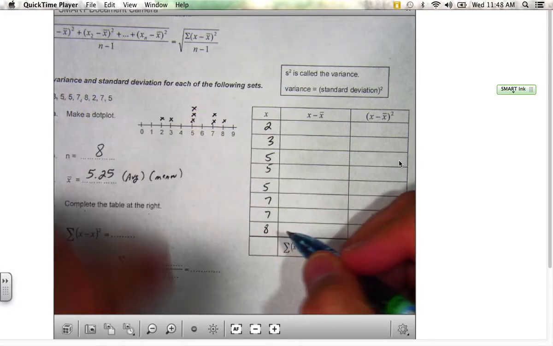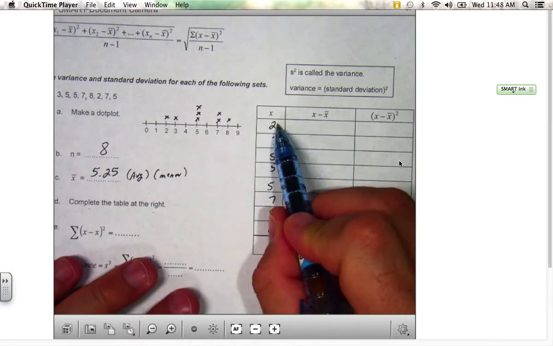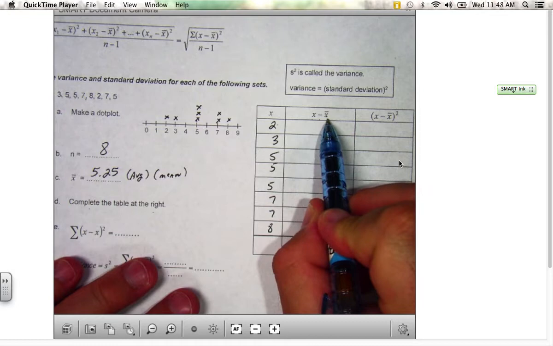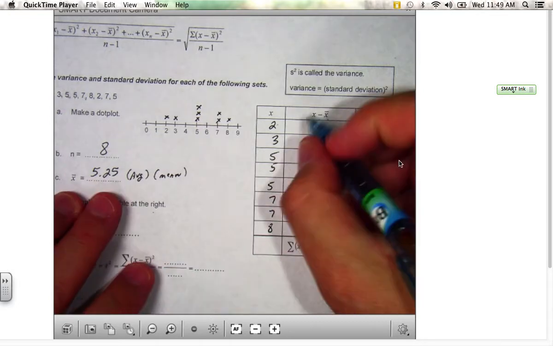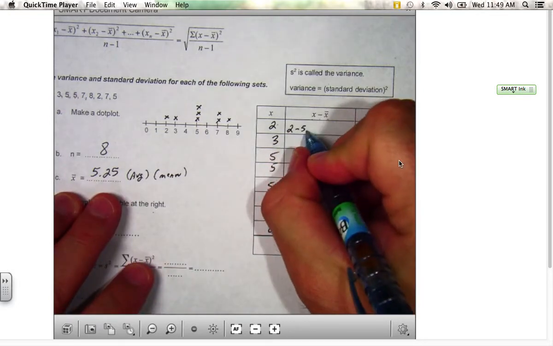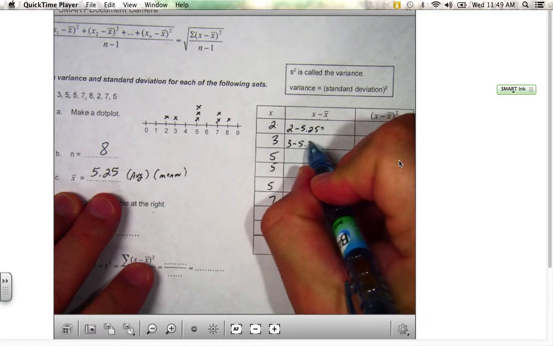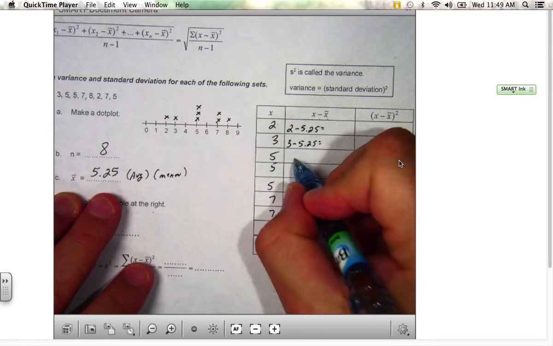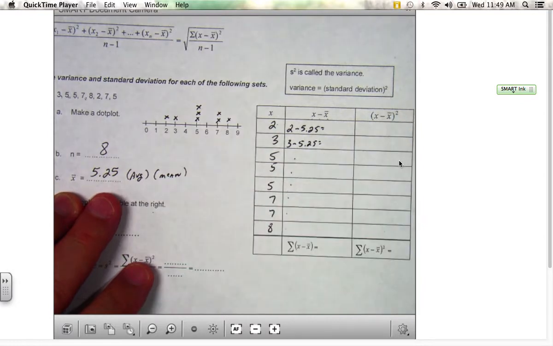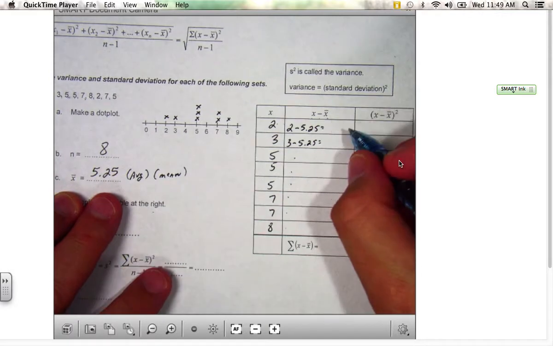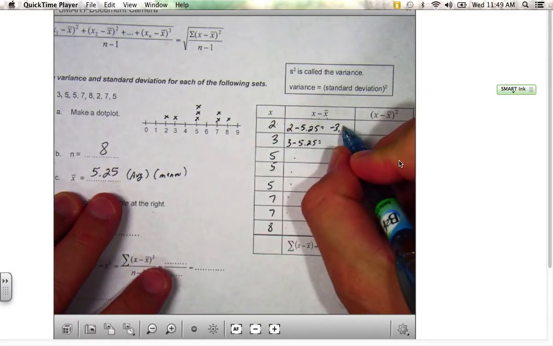What you want to do is take each number and subtract the average. Here it would be 2 minus 5.25, here 3 minus 5.25, and you would do that all the way down until you get to 8. Now this happens to be negative 3.25.